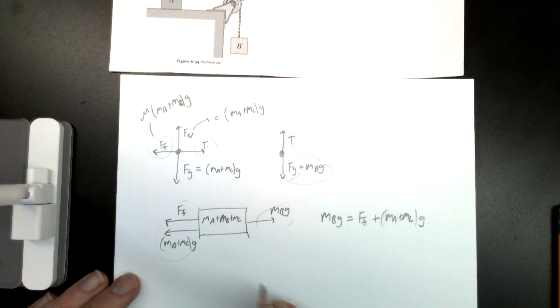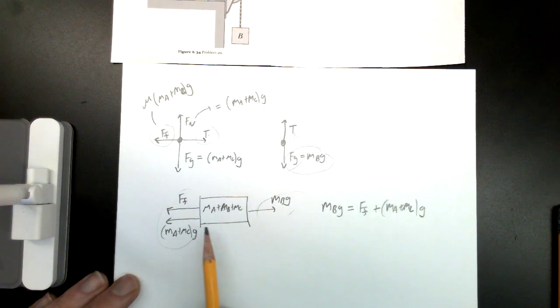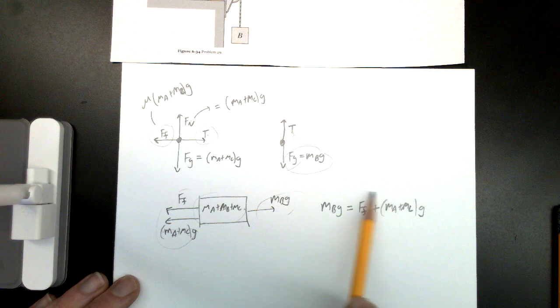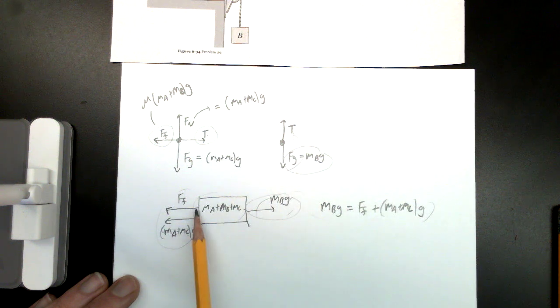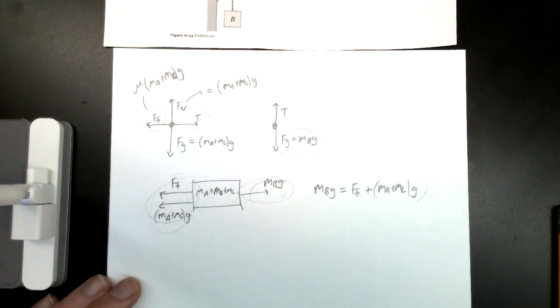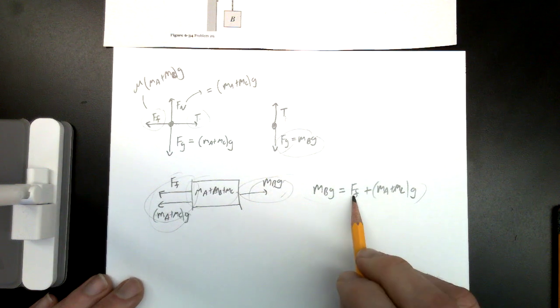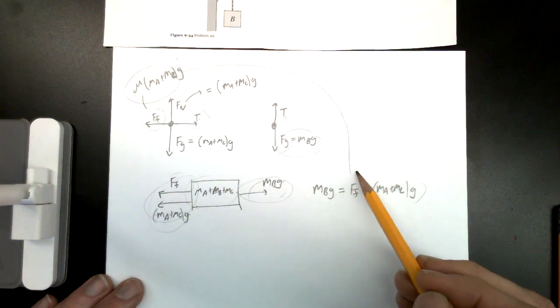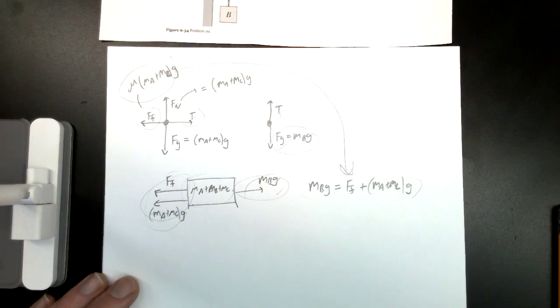Okay, so hopefully that wasn't off camera for you all when I was drawing down here. Here's my big block, and here's the friction force going this way, (mA plus mC) times g, and mBg going that way, and then here they are equaling each other. So this has to equal all of this over here. Okay, so let's just stick in now this friction force here. The missing piece of information is mC.